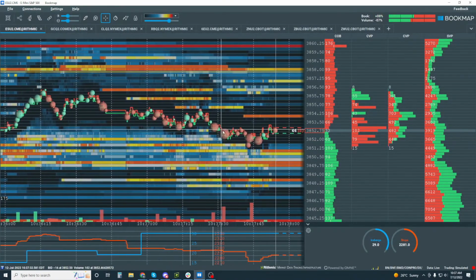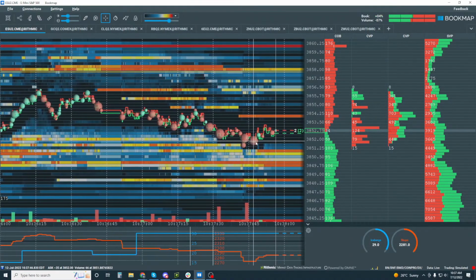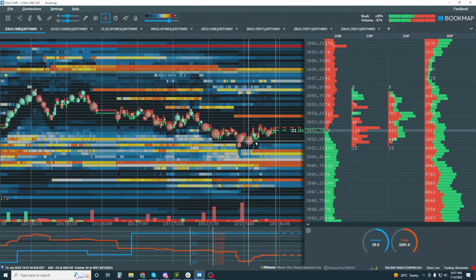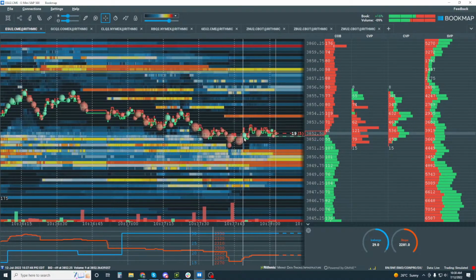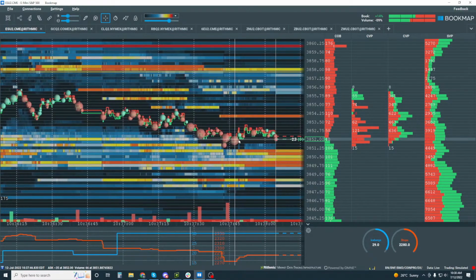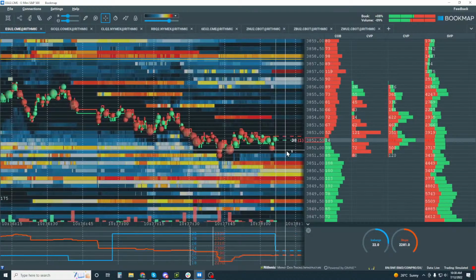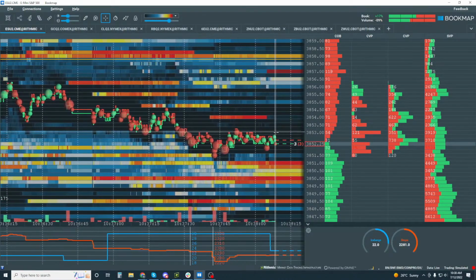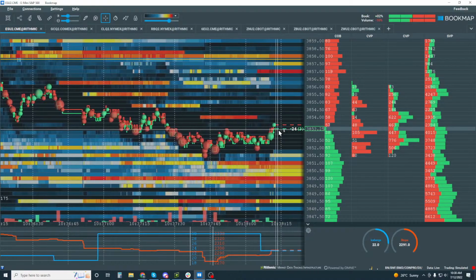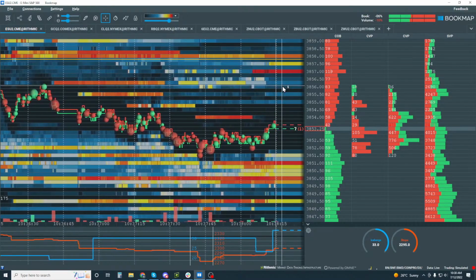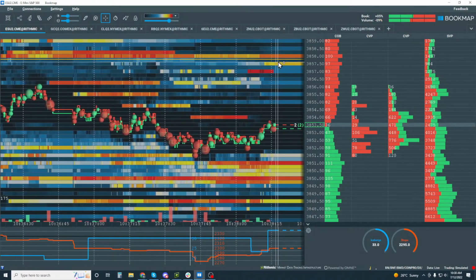Okay, we've got a lot of selling in here. Are they going to take control? Maybe. Or are we going to see buyers come in? Yeah, we're going to see buyers come in now and look for the squeeze back up to maybe 56 and then 58.